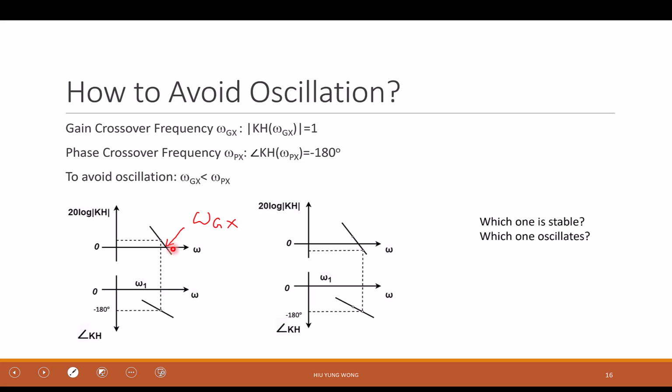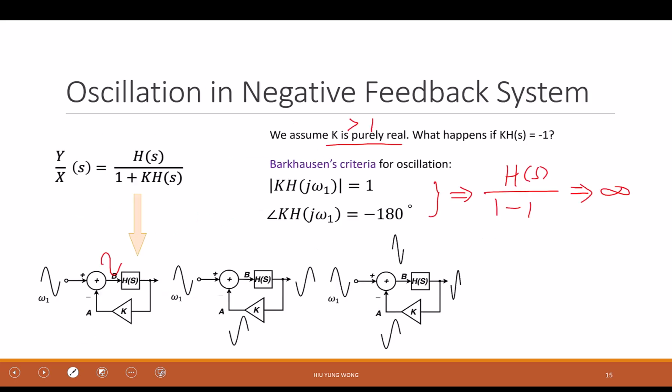Why do we care about this? Because think about this. Even though you have positive feedback, if your gain is smaller than 1, you won't keep accumulating to infinity. Okay? Of course, there's more complicated stability theory behind, but you just think of it this way.